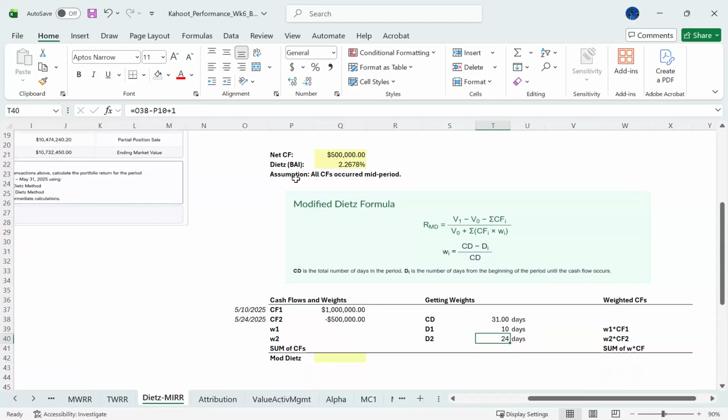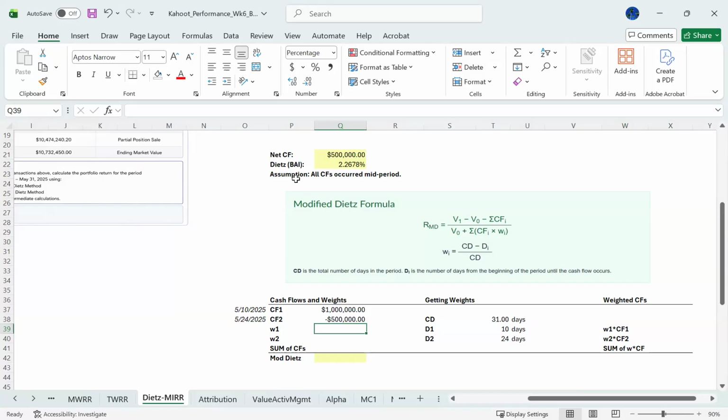Now, these are the numbers of days into the period in which you receive the cash flow.